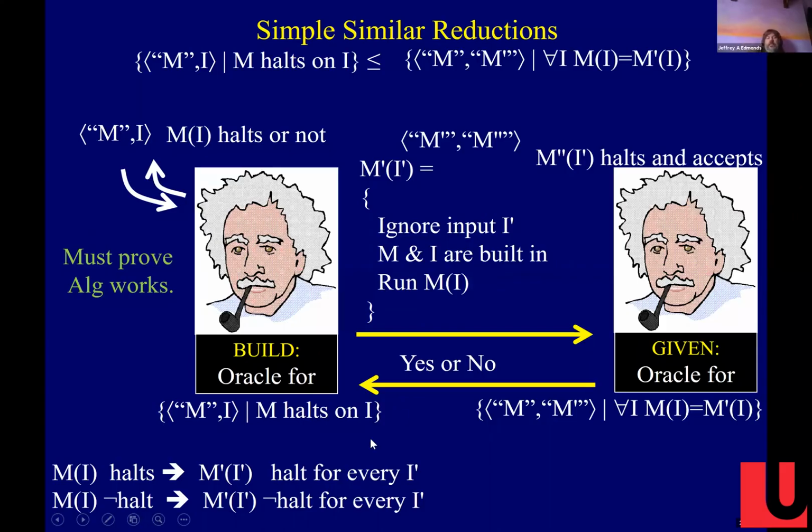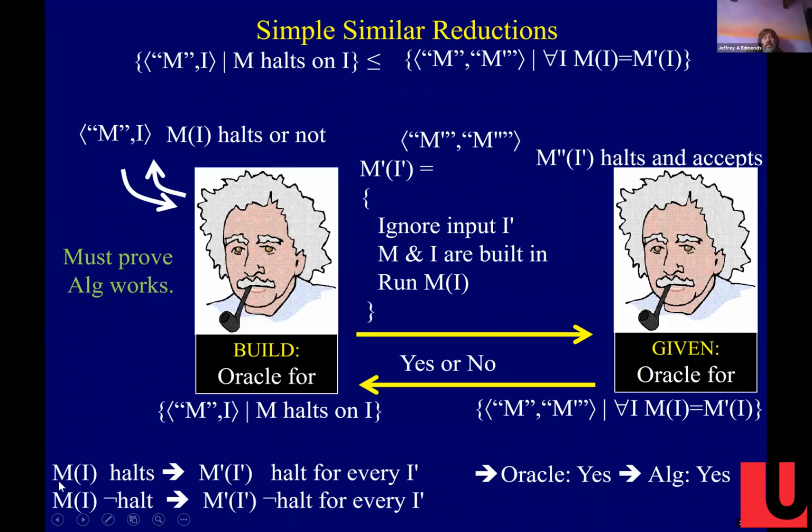People see that? So here I'm given M and I, and I want to know, does M halt on I? So I designed 2 Turing machines. I designed M prime like I did before, and I designed a fixed Turing machine called M double prime, which halts and accepts. So then let's see whether or not our algorithm works.